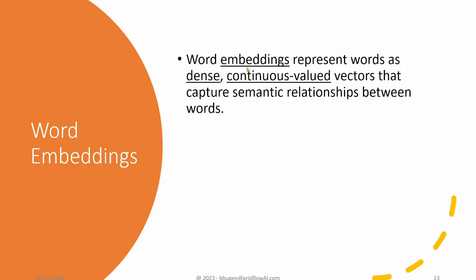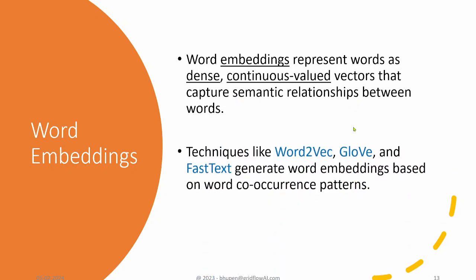So summarizing, word embeddings represent words or characters or sentences or PDFs or groups of words using continuous values as vectors. And the way they are prepared, they enable us to capture semantic relationships between the words.